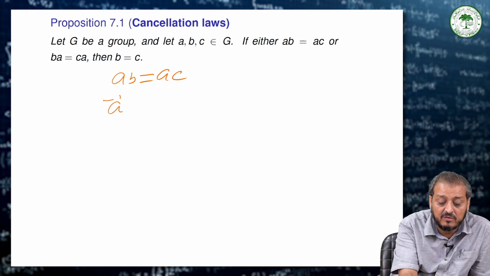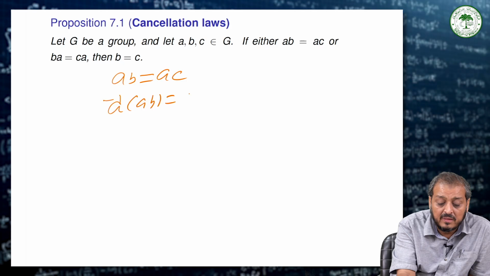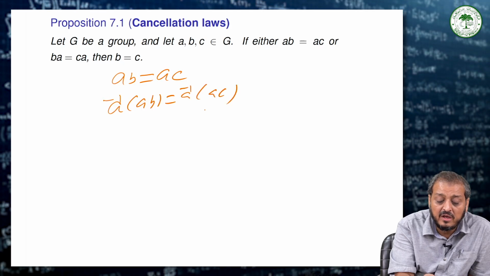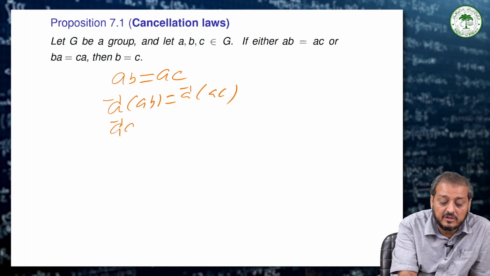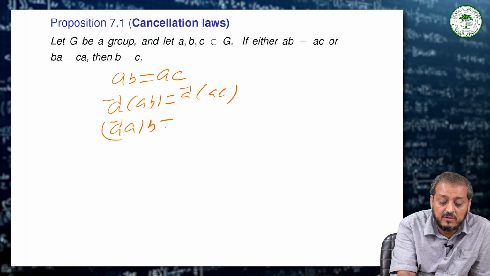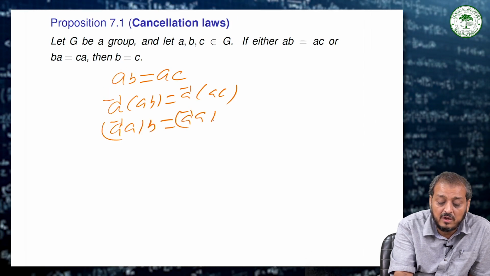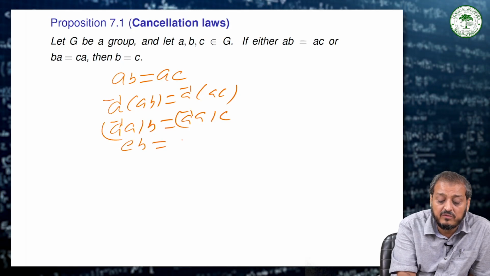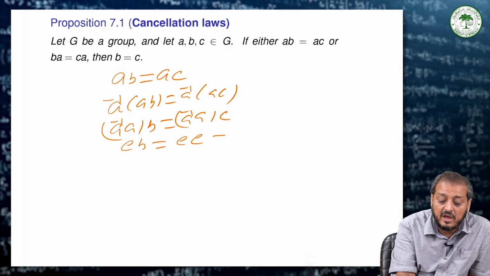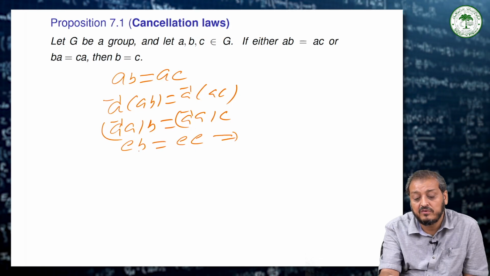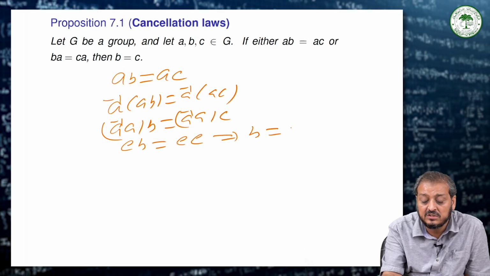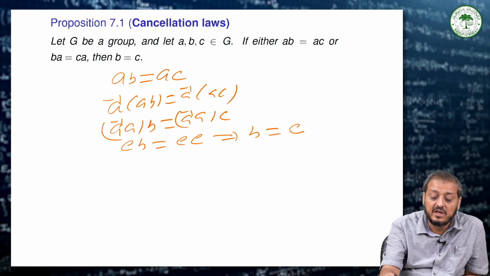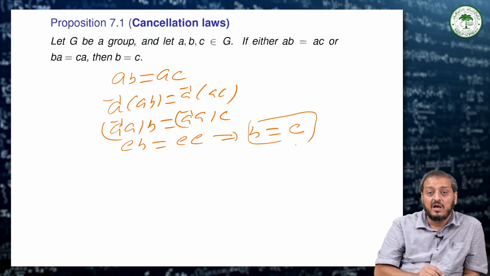So we multiply by it: A inverse AB is equal to A inverse AC. Now using the associativity condition, (A inverse A)B is equal to (A inverse A)C, and now A inverse A is equal to the identity, so identity of B is equal to identity of C, and this implies that identity of B is equal to B and identity of C is equal to C. So we can say that B is equal to C ultimately.